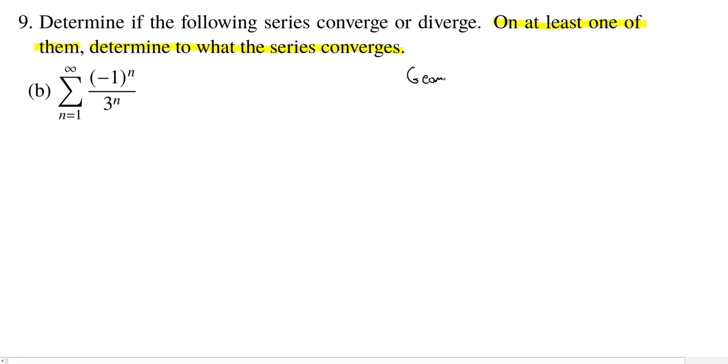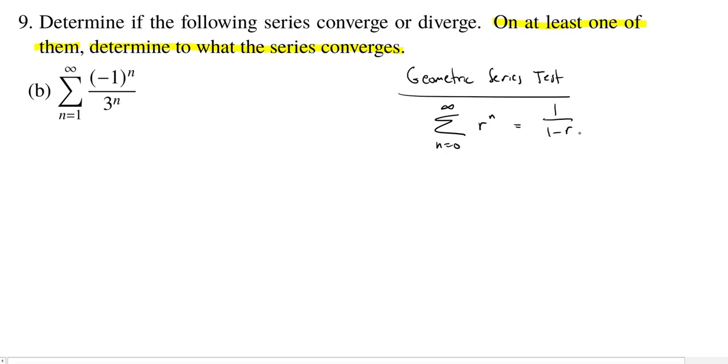So the geometric series test is the one that tells us if you take the sum from 0 to infinity of r to the n, so we call this r the ratio, that this is equal to 1 over 1 minus r.